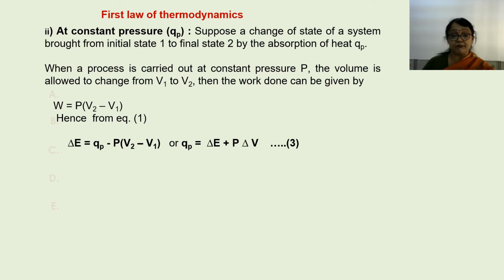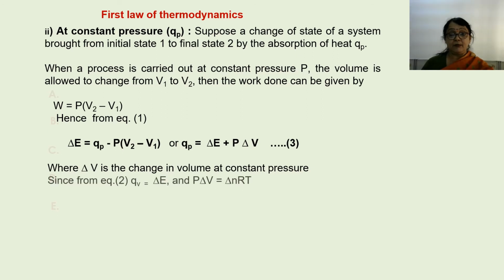In place of W, the work performed by the system, we put here P into V2 minus V1. Therefore, the equation becomes del E is equal to QP minus P del V, where del V is the change in volume at constant pressure.